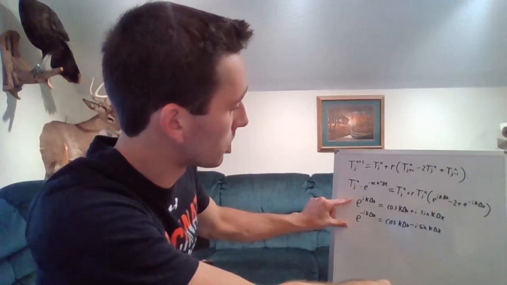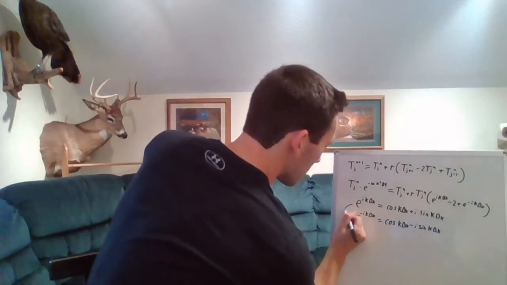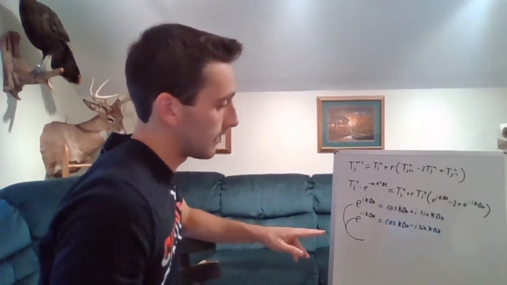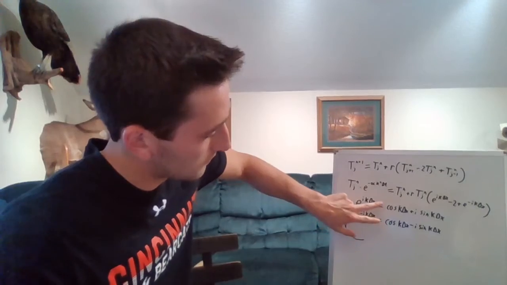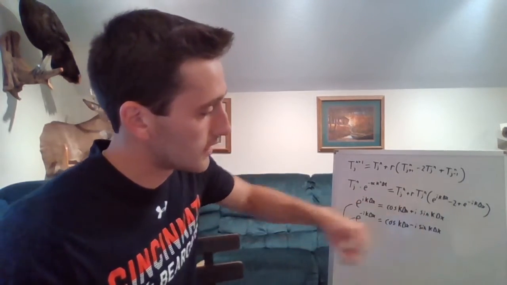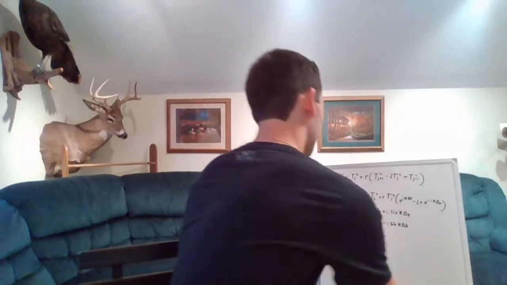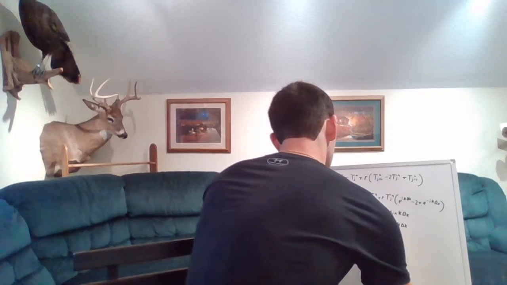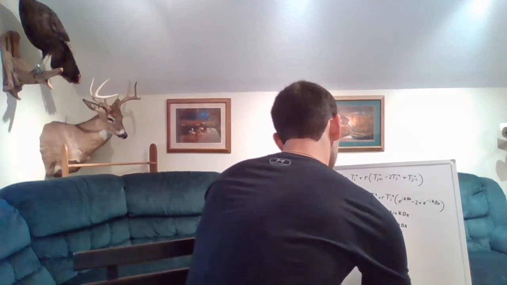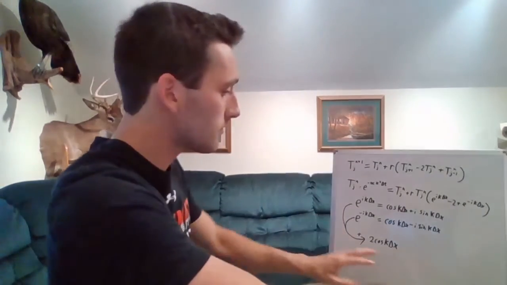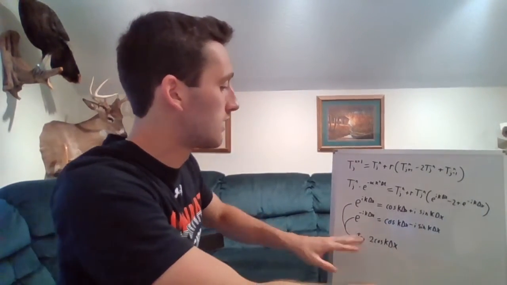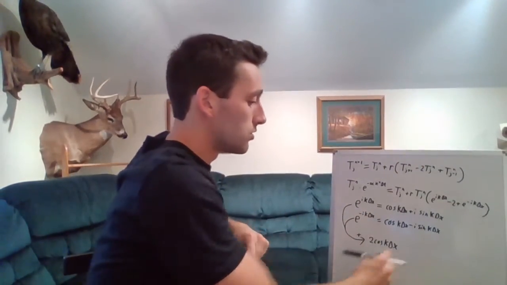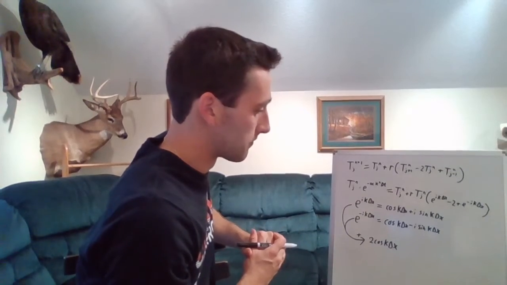If we add both of these, we would get 2 cosine k delta x, and the sine values would cancel.